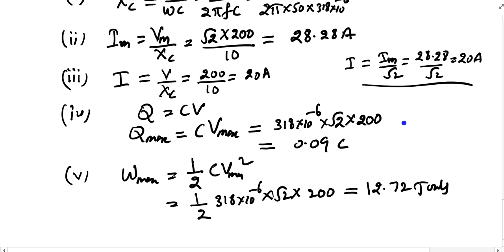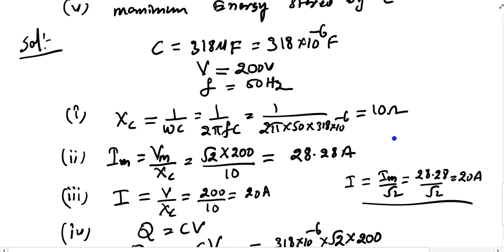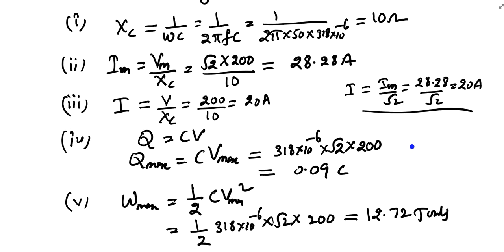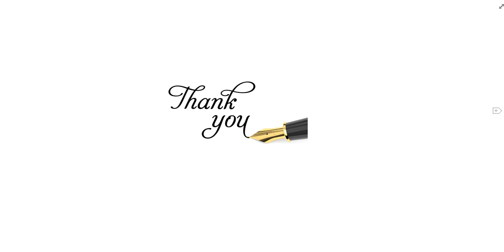So these are the answers for all the questions asked, to determine the different values: capacitive reactance, maximum current, charge, and the maximum energy stored. I think with this theoretical part as well as this numerical, you have understood this concept, and we will conclude this session for today.